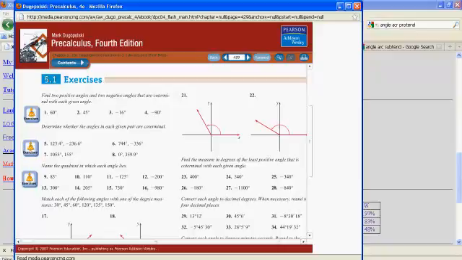Let's come back to the whiteboard. So we have page 429, problem 16, and the given angle is negative 980 degrees.